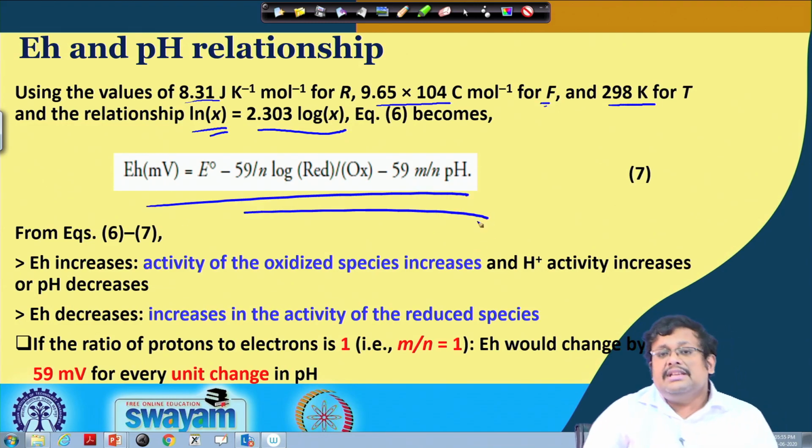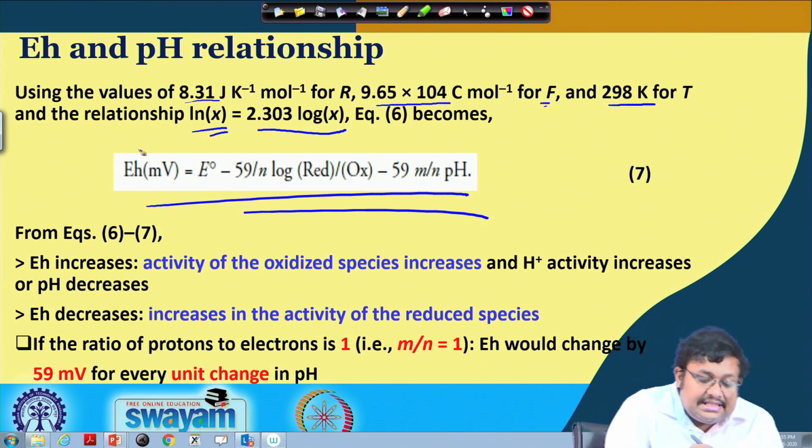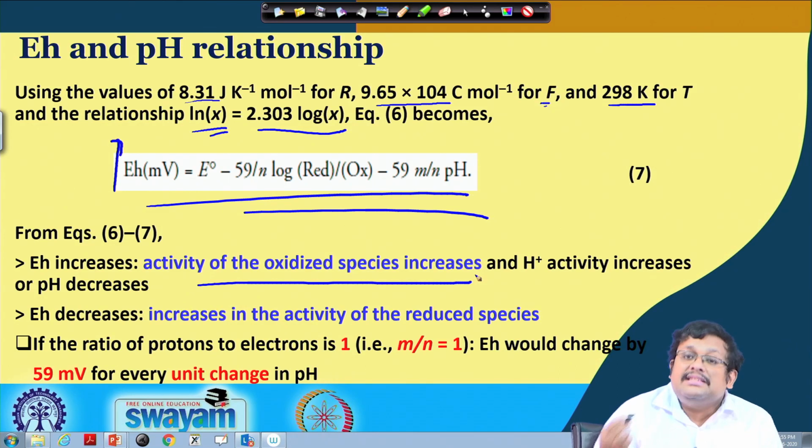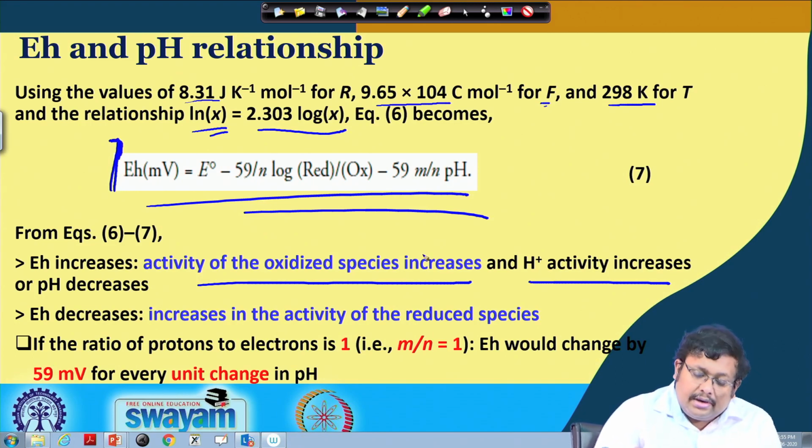From equations 6 and 7 we can see that if EH increases, this term increases, so the activity of the oxidized species increases, the H plus activity increases and pH decreases. Obviously, as EH increases, pH will decrease, and the activity of the oxidized species will increase.